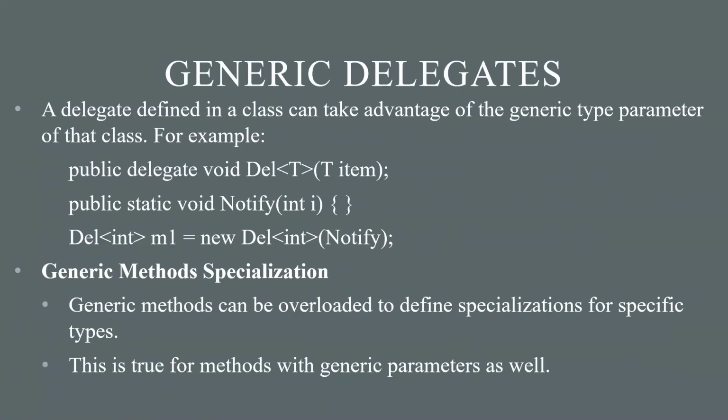Then we have a method here, Notify, and we are passing the reference of that method, and then we are calling that method using our delegate instance. We also have the concept of generic method specialization, which says that generic methods can be overloaded to define specializations for specific types only. And this is true for methods with generic parameters as well.